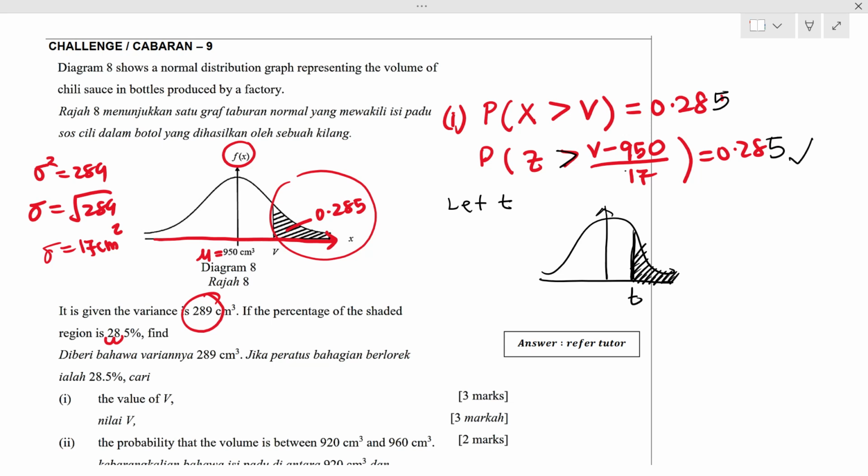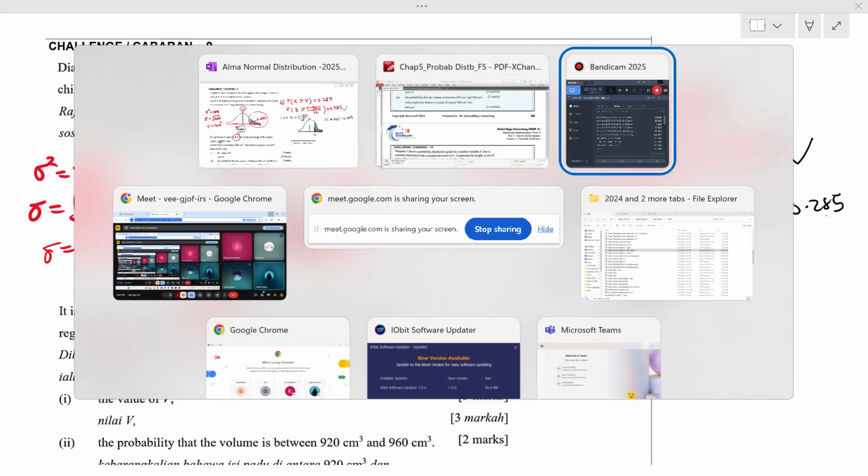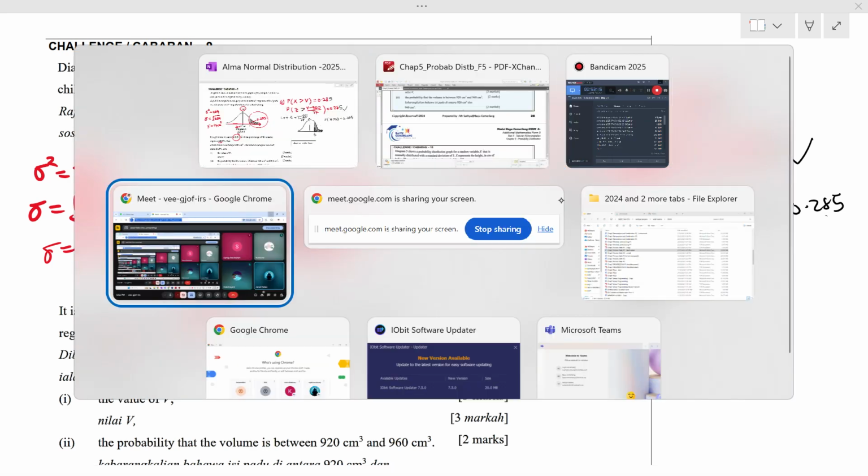So let T equal V minus 950 over 17. From this bell-shaped diagram, we know that probability Z greater than T is equal to 0.285. Now you are given the probability, so use the probability 0.285 and find what you need to find.